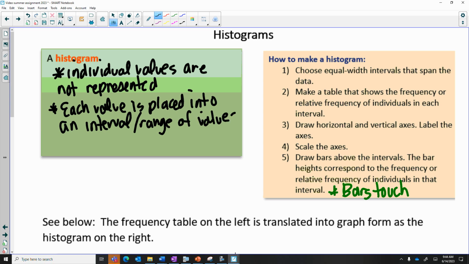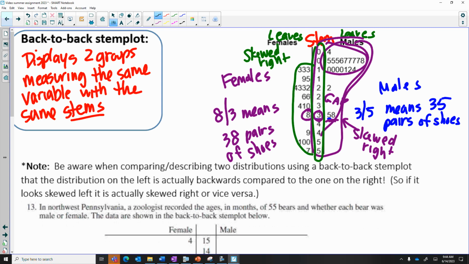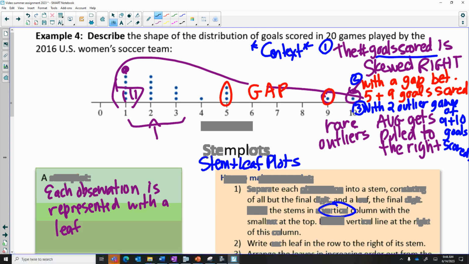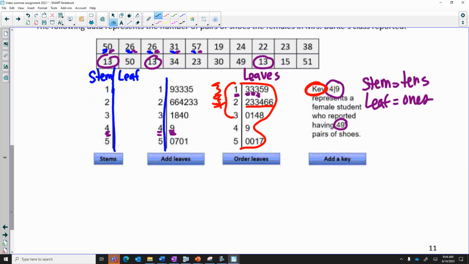Okay, so I want you to back it up to that stem and leaf plot for a second. All right, I'm going back to that because it is going to lend itself to the histogram. Do you see how the stem, in this case, is really the tens place? So this is really 10 to 19. And then this next one is really 20 to 29.